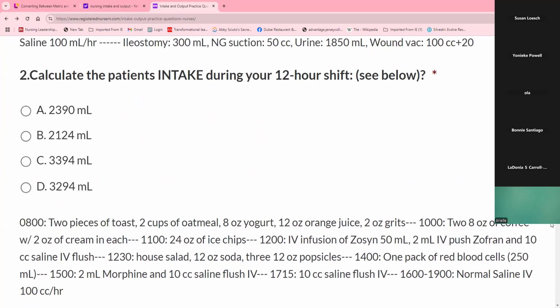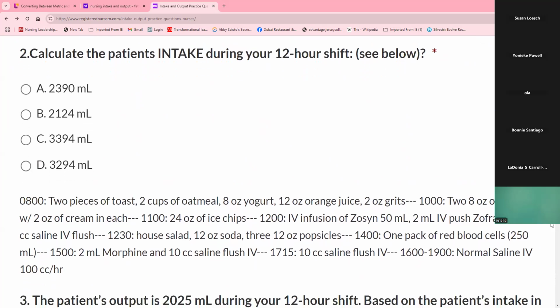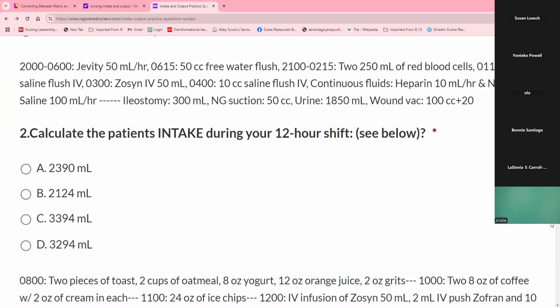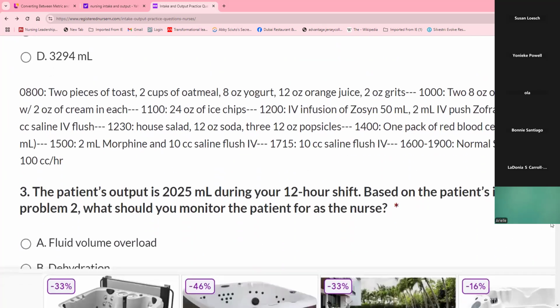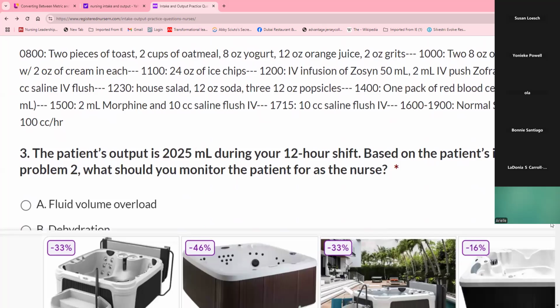Okay, so let's see what we get here when we calculate this out. All right, so let's go back to the whiteboard. I'm going to do it on there because sometimes I go too fast for my own good.